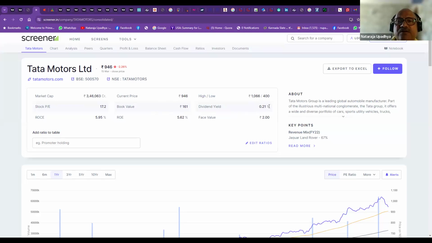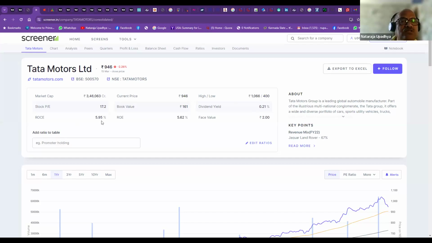Then dividend yield, because the stock shares some of the profits in terms of dividends. They may pay once a year, twice a year or 4 times a year, but effectively on the current stock price basis, it gives you 0.21% interest kind of thing. So that is an additional benefit you have by holding that stock.